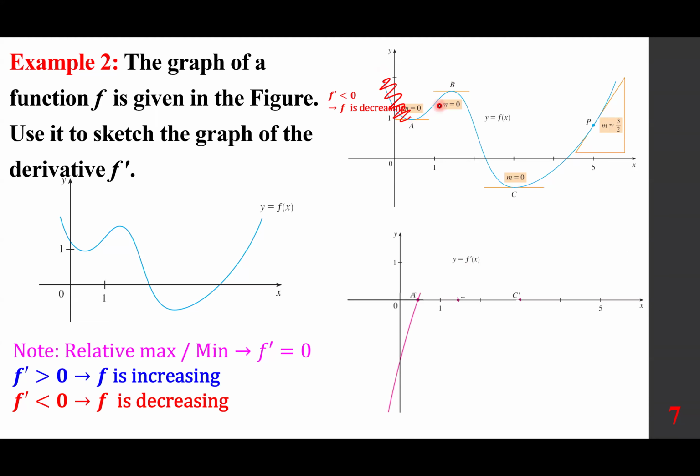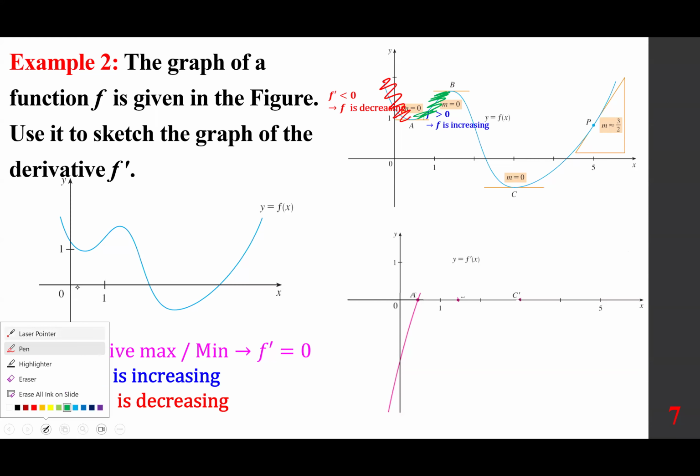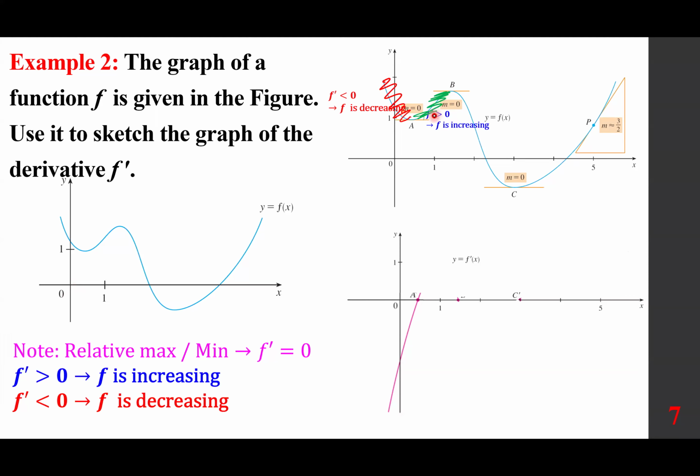Here, the function is increasing and f prime is positive, meaning over here, the graph of f prime is above the x-axis, so it has to go above the x-axis, but it has to come back down at some point back to B prime, back to 0, so it looks like that.